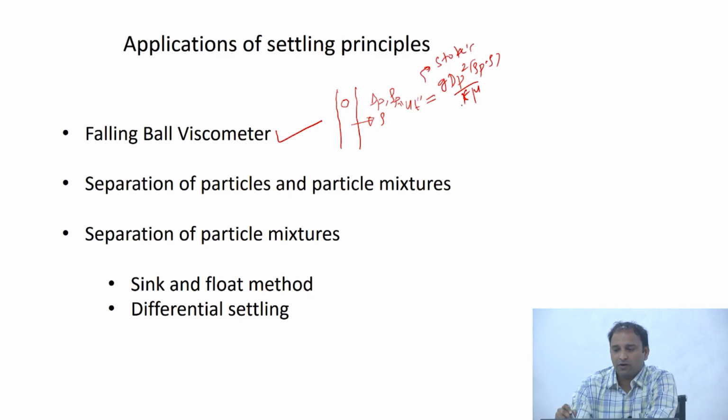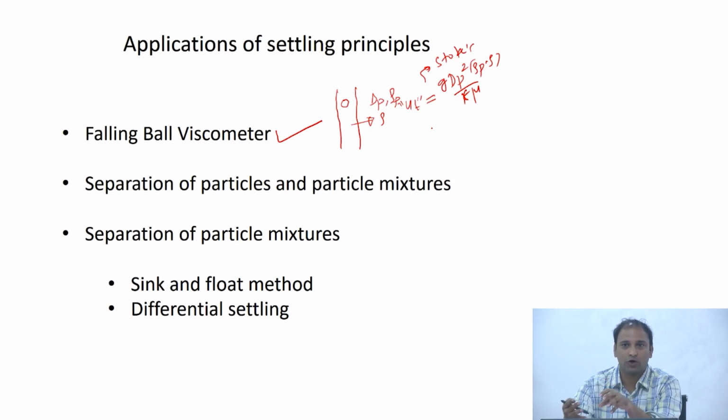If you look at the formula for settling velocities, only in the Stokes regime is there a dependence of the settling velocity on the viscosity. If you look at the Newton's regime, your settling velocity doesn't depend on the viscosity of the fluid. Therefore they use particles of appropriate dimension so that the settling falls in the Stokes settling regime, that is your Reynolds number is less than 1.